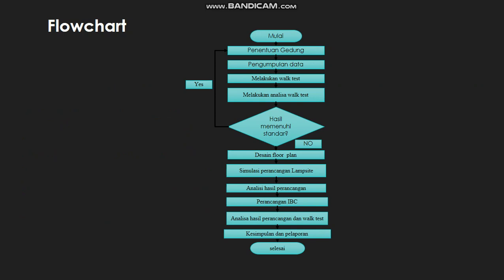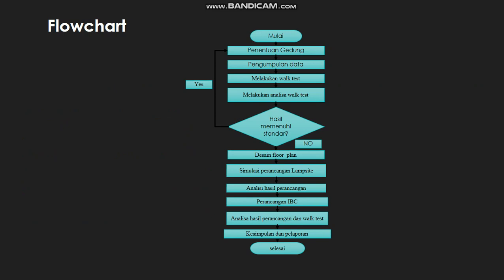We do the walk test to know how good the signal is after we make the IBC, and then we analyze the results to know the strength and quality of the signal after we make IBC on the building. Then we write a conclusion and make a report to the operator.